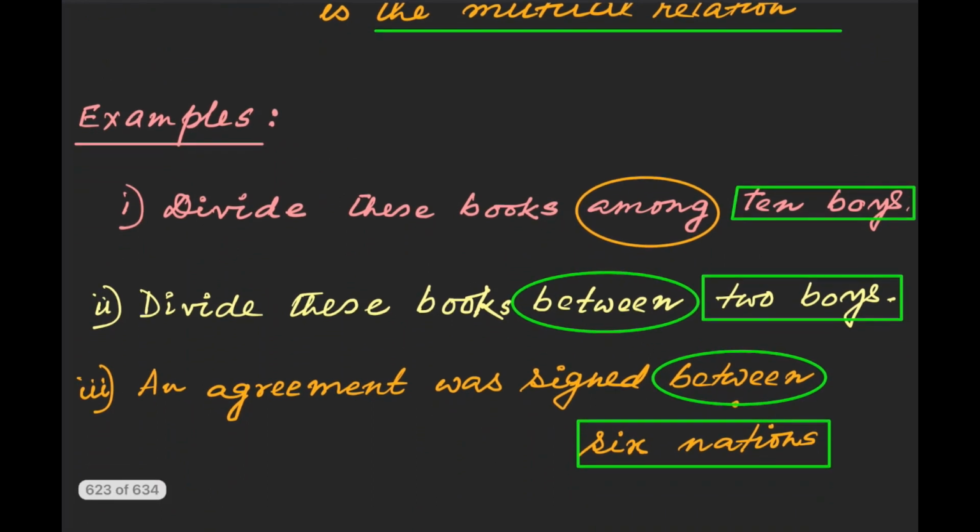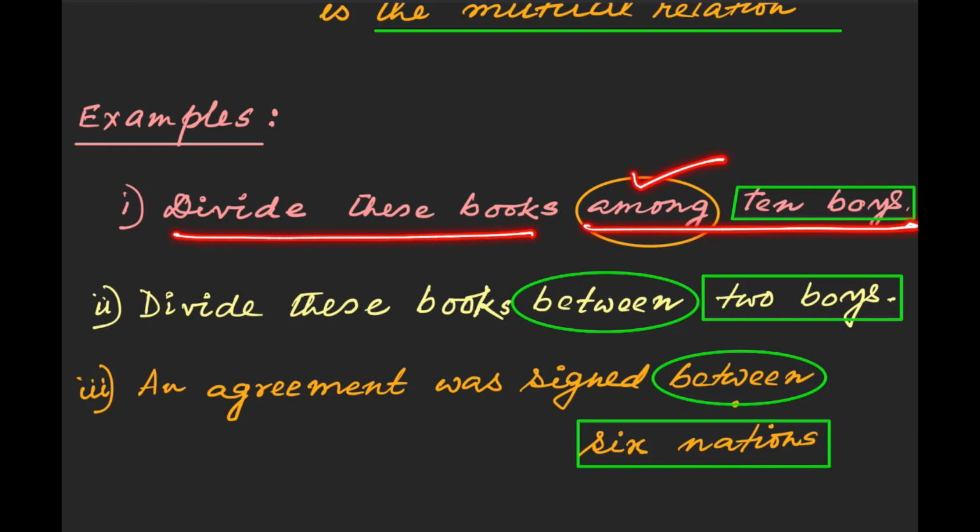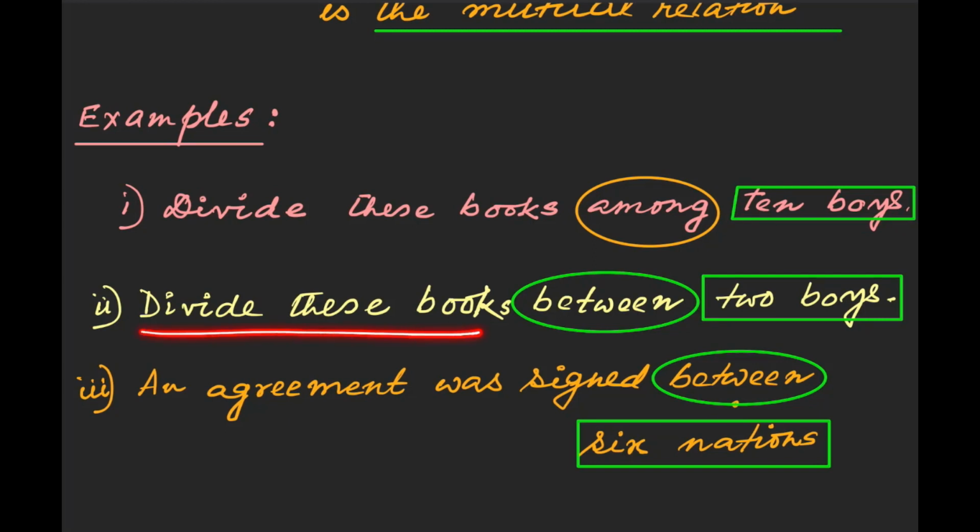The first example, divide these books among 10 boys. Among is used before many, 10 boys. See the second example, divide these books between 2 boys. So among refers to many and between refers to two. But see the last example, then you can understand the reference to mutual relation.